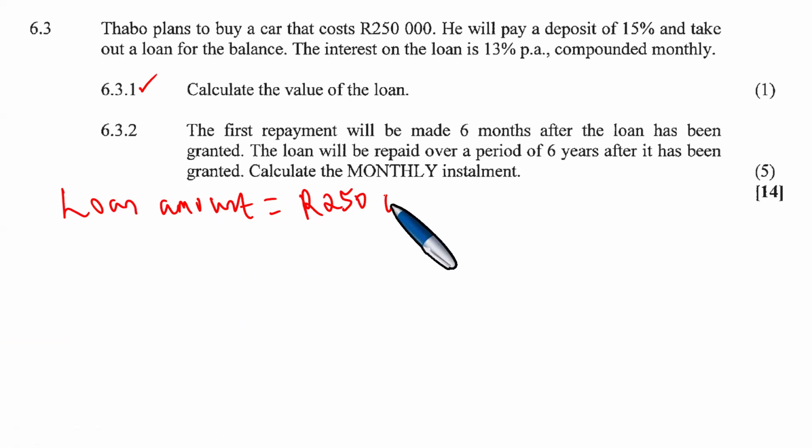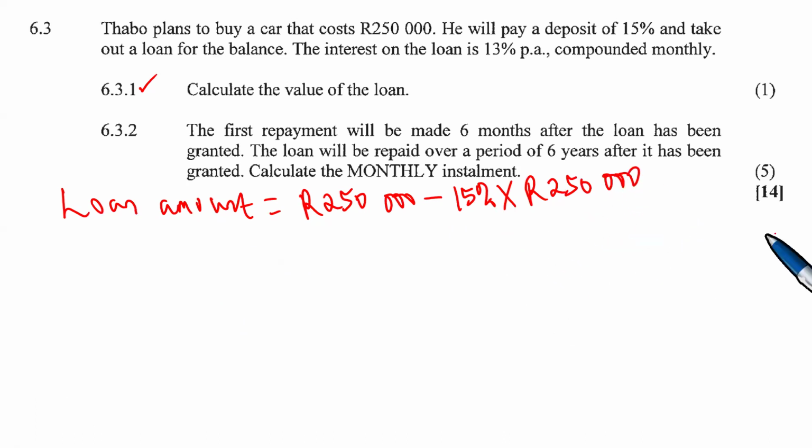So 250,000, and then you remove 15%. Yes, sir. You remove 15% of the 250,000. Well done. And when you do that, you'll actually have the loan amount.